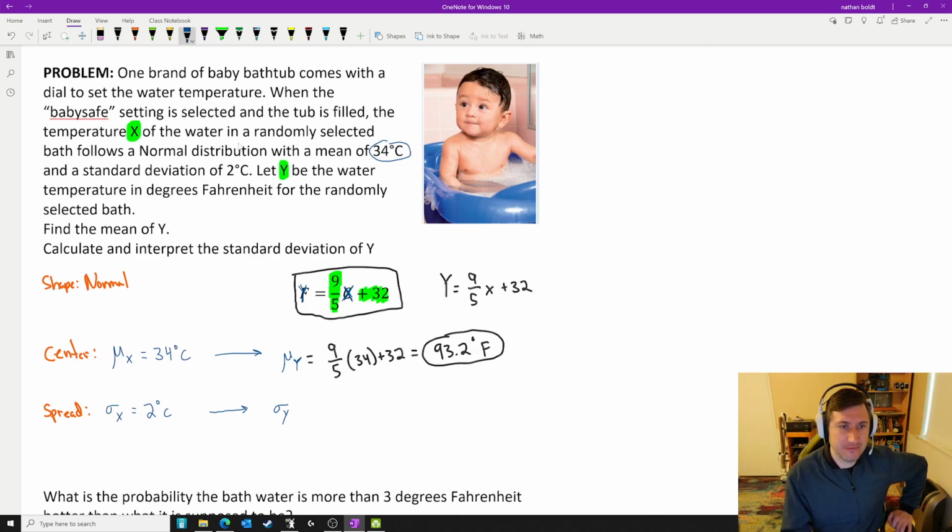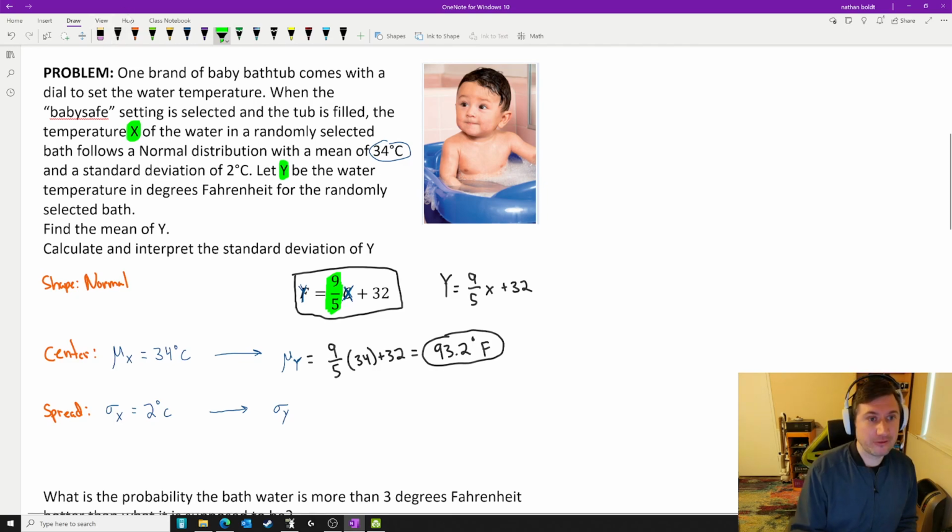Now, here's the thing, this is a little bit different. Let's go back and do the same procedure as last time. If I multiply by 9/5, does multiplying change the standard deviation? Yes, it does. So we are going to multiply the standard deviation by 9/5.